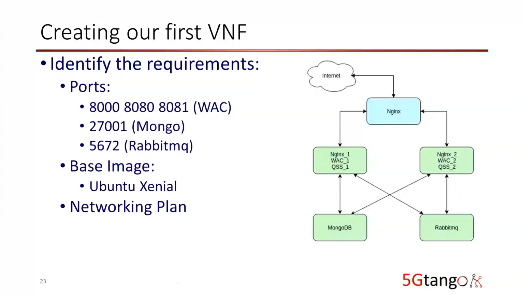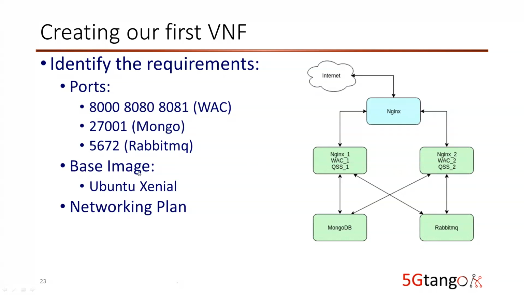In this case, from the set of BNFs that I have in my networking plan, I will need 3 ports for the service that is called WAC. I will need 1 port for the database that is MongoDB, and 1 port for the RabbitMQ. So I have this requirement in mind, the ports that are going to be used by my BNF.